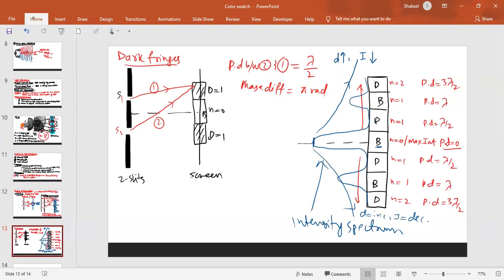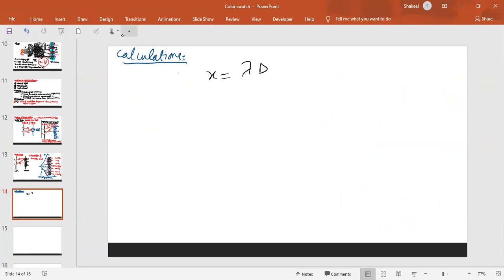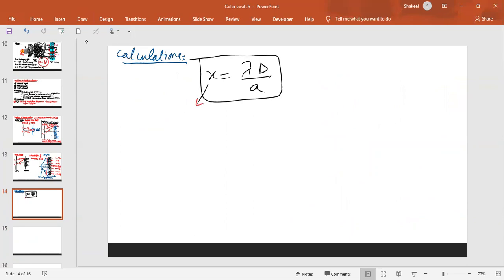Okay, next thing is the calculations. For calculations, you will be using only one equation, that is x equals lambda D by a. As I already told you, let me tell you again, this x is fringe width, also known as fringe separation, and its unit would be meters.